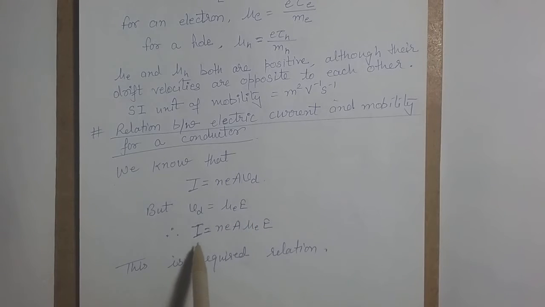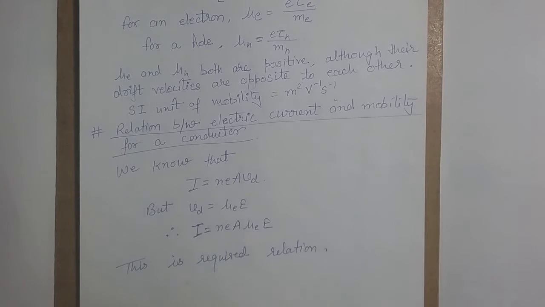So the current will be n e A mu e E. This is the relation for the electrons. Similarly, the current constituted by the holes will be p e A mu h E, where we take n for electrons and p for the positive charge carriers.